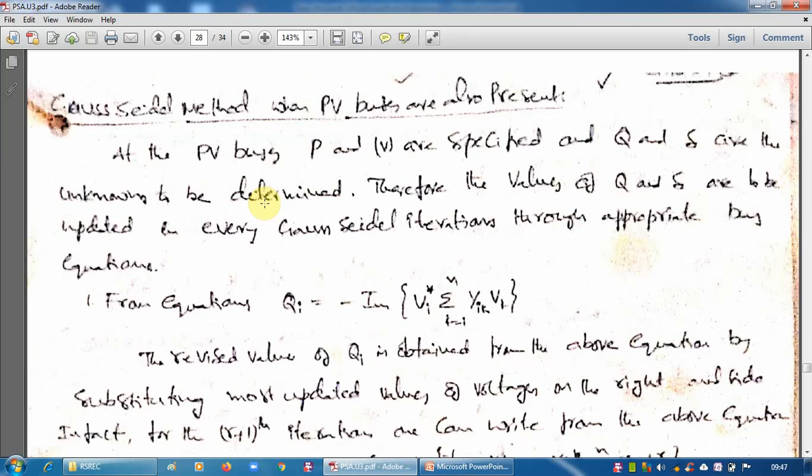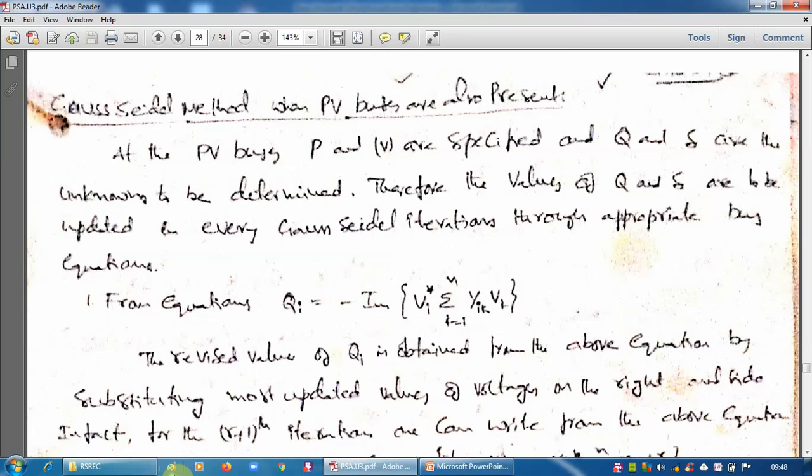So bus voltage is sensitive to reactive power demand or consumption. So for a generator bus, if V is given, there is an implied condition that Q must be within some limits. If it is given in the problem, we have to consider it. If it is not given, how do we treat it? Q is automatically within the limits.